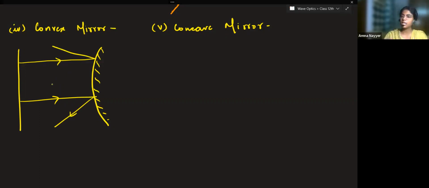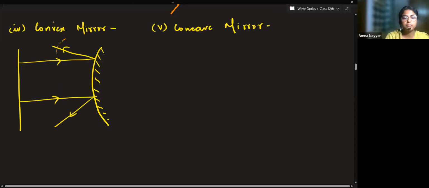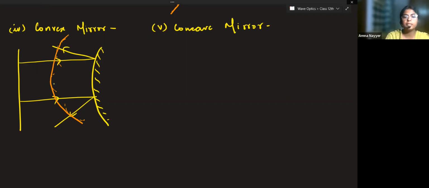This is how reflection occurs in the case of a convex mirror. Now let's see where wavefronts will be formed. Here a wavefront will be formed because of this. Here a wavefront will be formed. Here a wavefront will be formed. Now if I join this, this is appearing diverging.